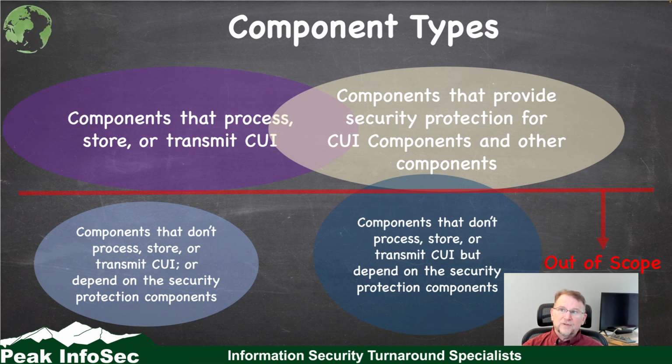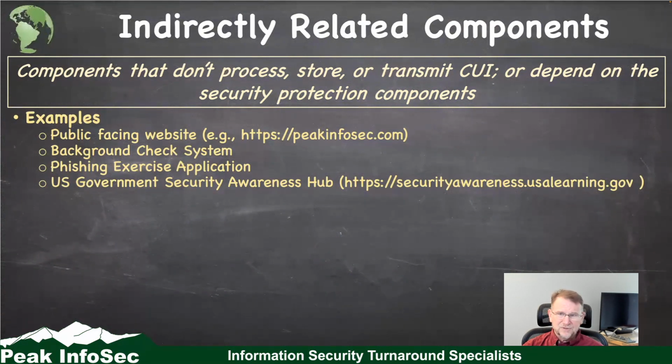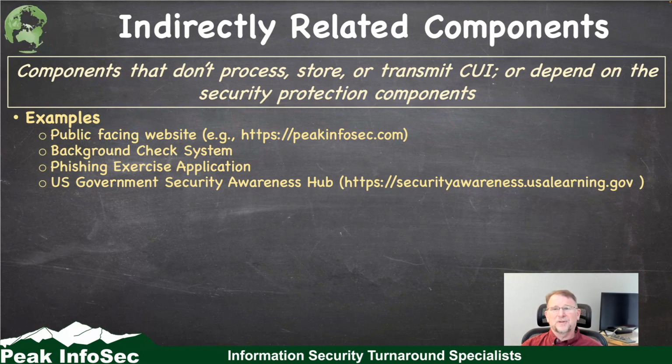So let's talk first about those indirectly related components. Again, that's the ones that don't process, store, transmit CUI or depend on security protection components. So good examples of this, the classic one is your public-facing website, a background check system, your phishing exercise system, the government security hub where you get your CUI training.